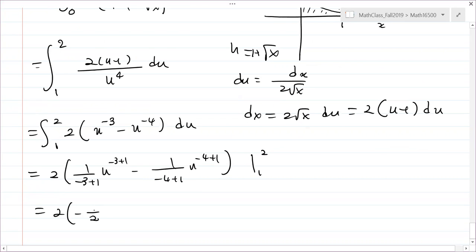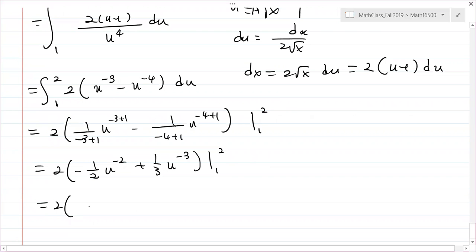It's negative 1/2 u to the negative 2, minus... negative 1/3, so it's plus 1/3. Okay. Let's simplify.